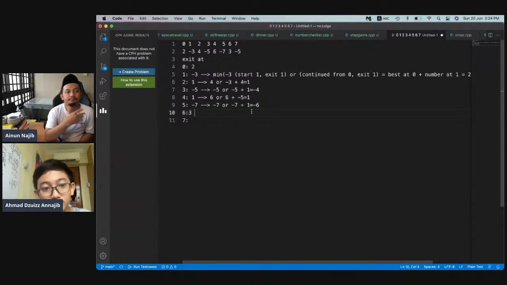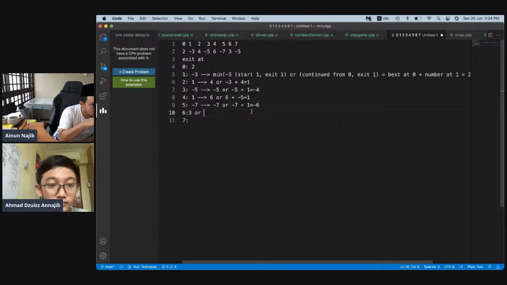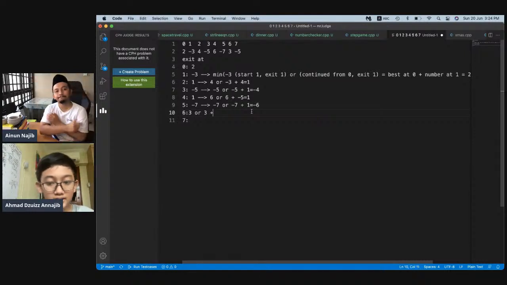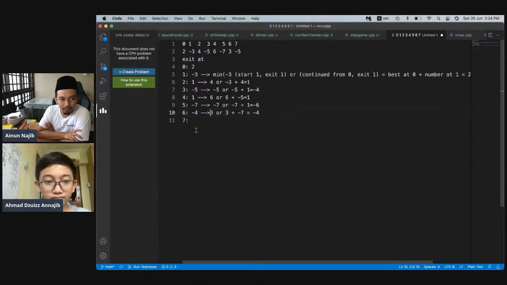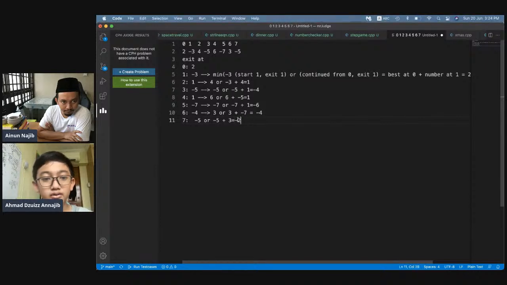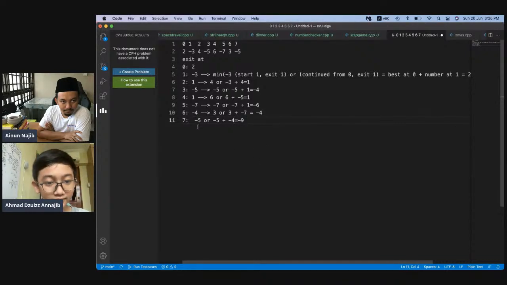Then 3 or 3 plus minus 7, which equals minus 4. So it's minus 4. And then it's minus 5 or minus 5 plus 3, which equals minus 2, or plus minus 4, which equals minus 9. So it is minus 9.